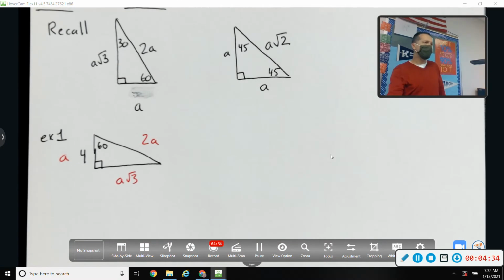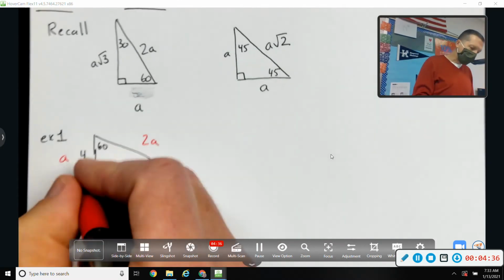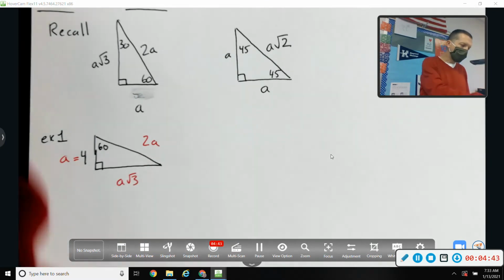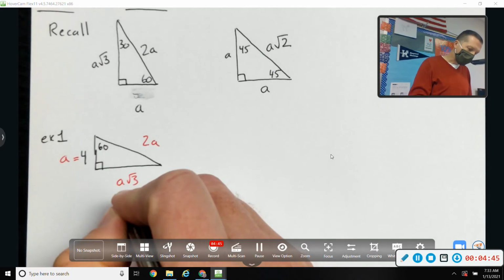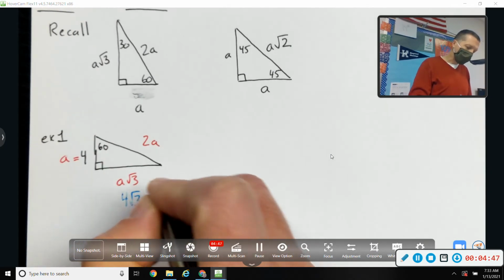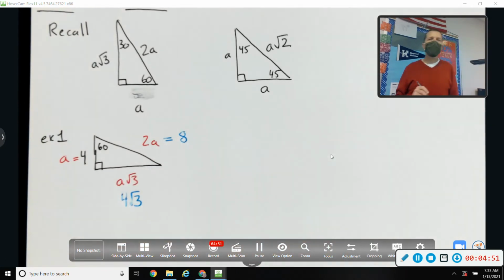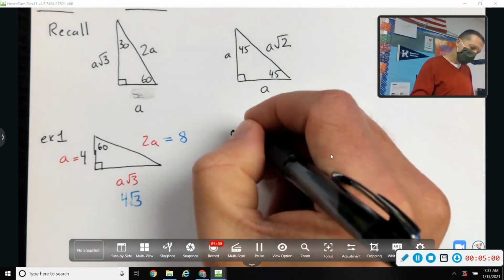So this is a relatively easy one because A is 4. So that makes it real easy to figure out what the other sides are. If A is 4, well, that means this side is 4 square root of 3. And the hypotenuse is 8. You remember doing that in geometry long ago?